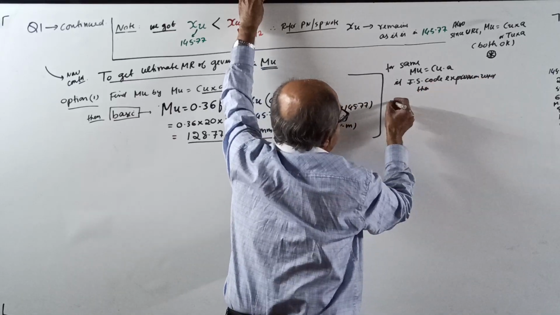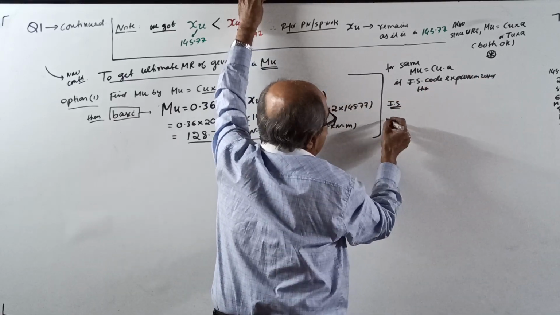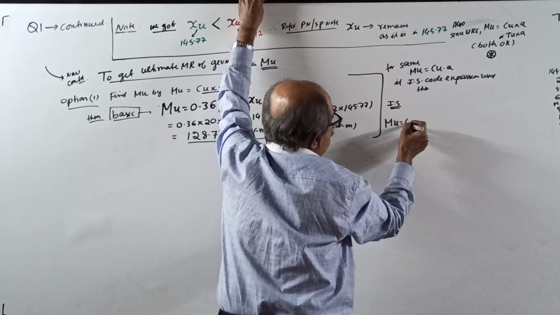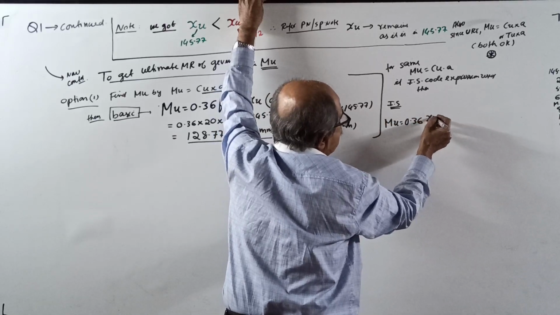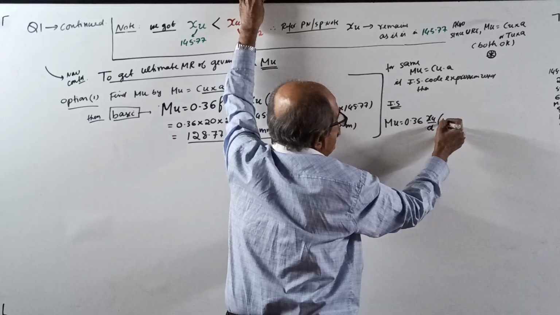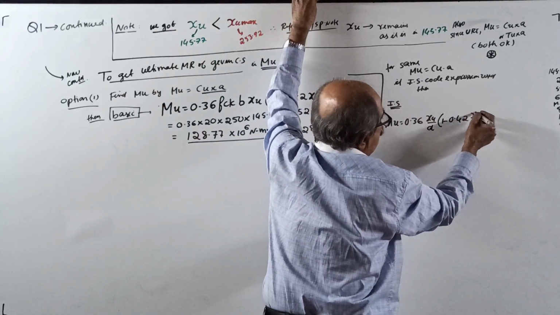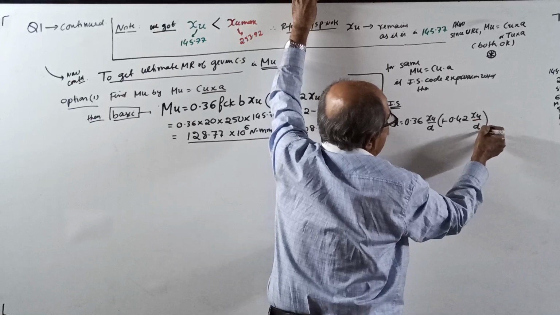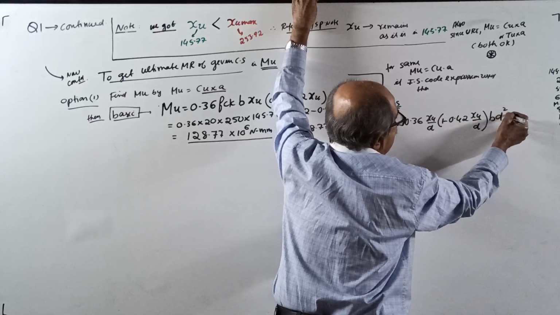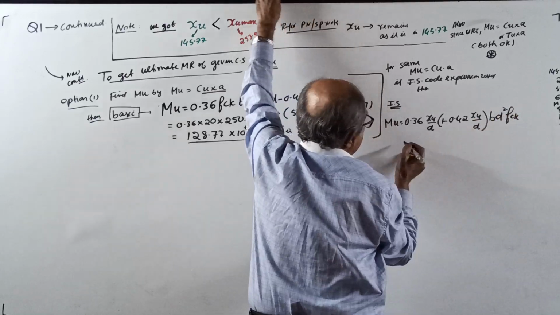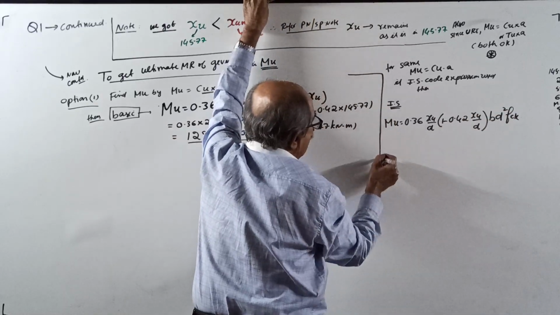Then in the IS code, they have given Mu equal to 0.36 into Xu by d into 1 minus 0.42 into Xu by d, into bd square into fck. Before substituting, what do you have to do?